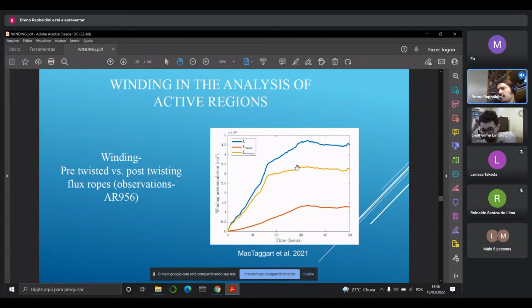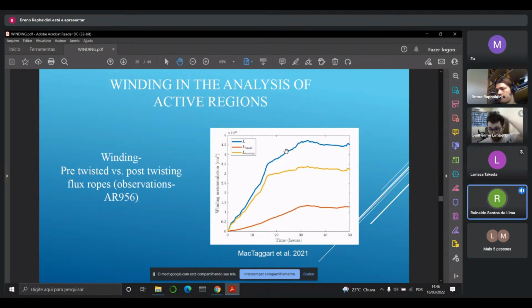It can change slightly the level of the curves, but it doesn't change the conclusions. But you're right, there are errors associated with the measurements.